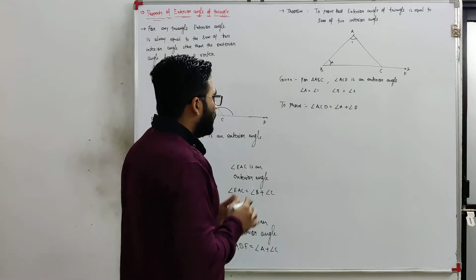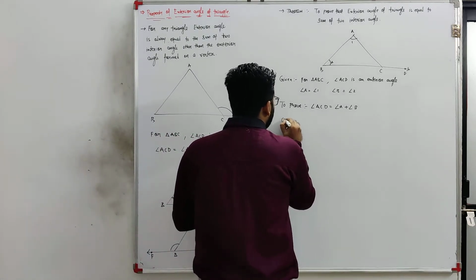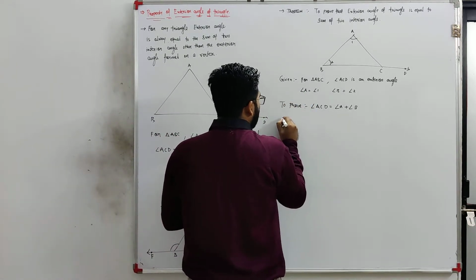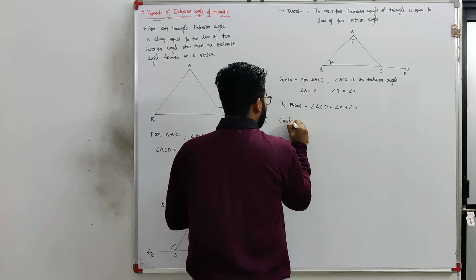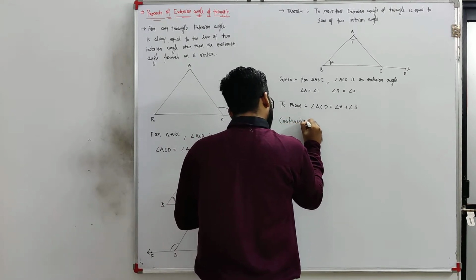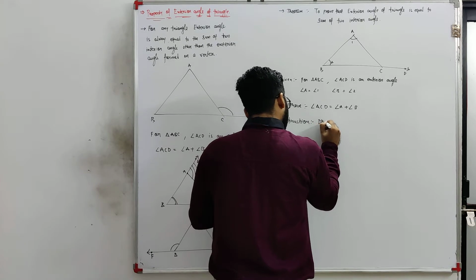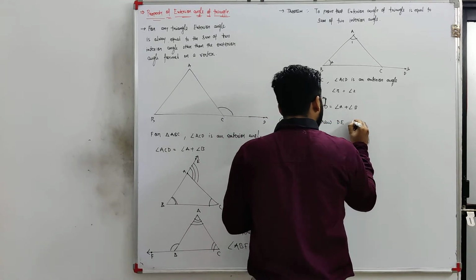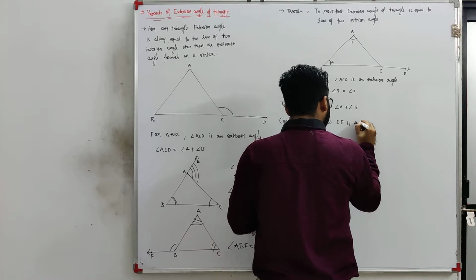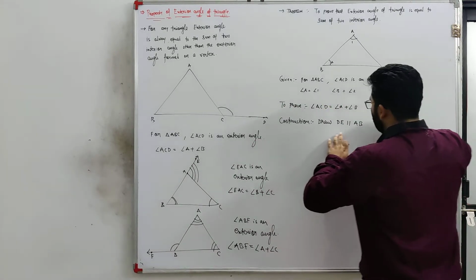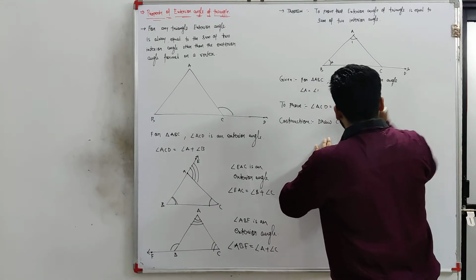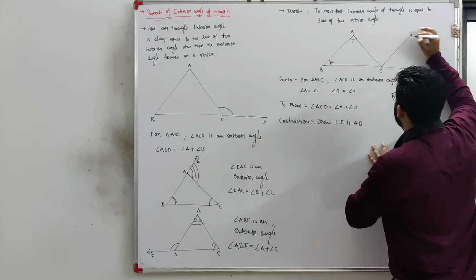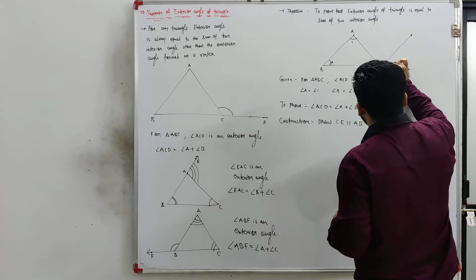So how to prove? For that I make one construction or draw one line. I am writing the construction that is drawn by me. Draw CE parallel to AB. Like this. Here I am drawing CE parallel to AB.